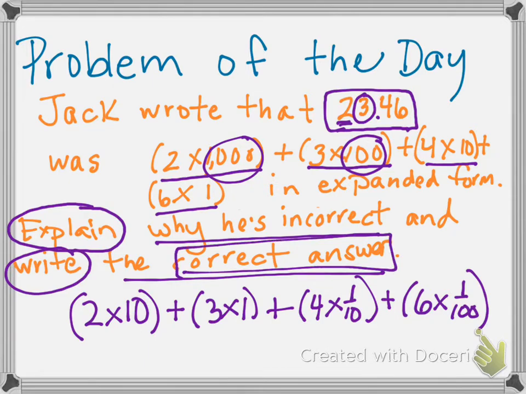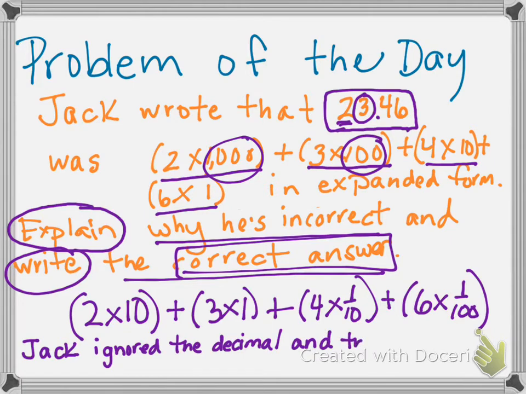So what do you think a good explanation should be? Hopefully you have yours written on your whiteboard. So I would say something like, Jack ignored the decimal and thought all of the numbers were whole numbers.